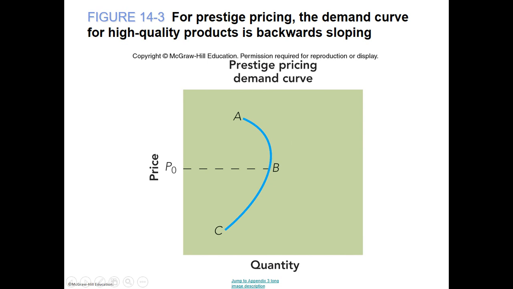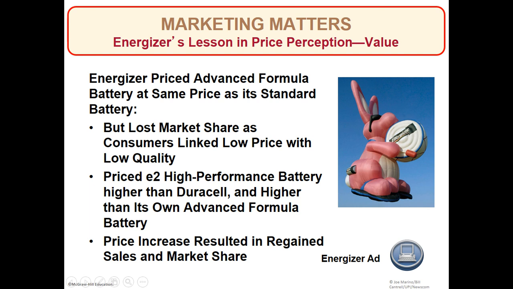Of course, if you lower the price, you're not necessarily selling a whole lot more, because people are after the prestige, and they think if you price too low, they're losing the prestige. So point B is probably the best for prestige pricing, where they can maintain a relatively high price and still sell a certain quantity.